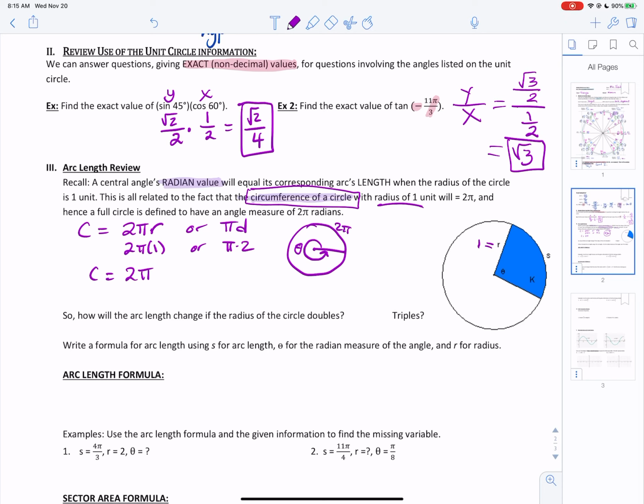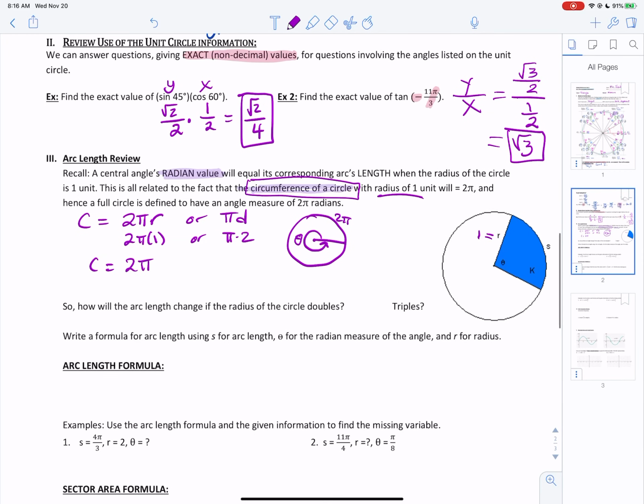So if you talk about an angle that is smaller than that, like what I've shaded in blue over here, so let's say that this shaded piece is only a quarter of the circle. Then what portion of the circumference do we have? Hopefully you said, you have a quarter.